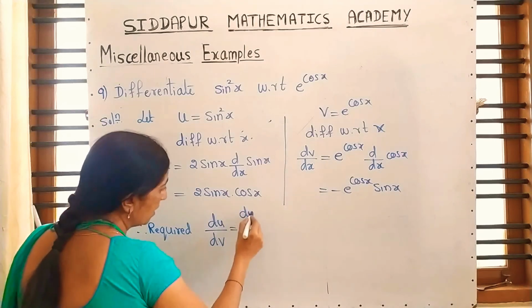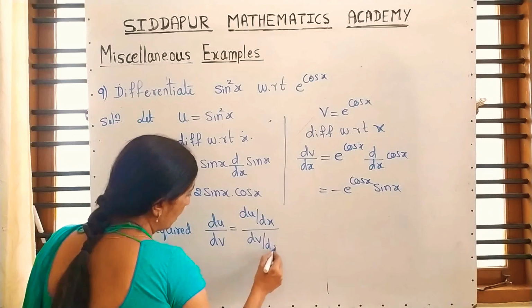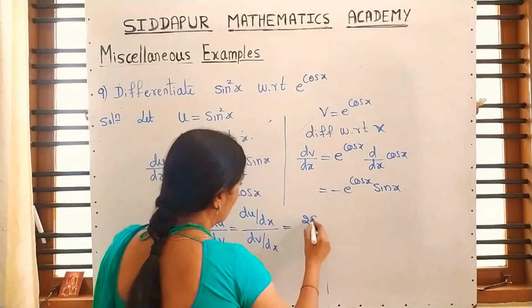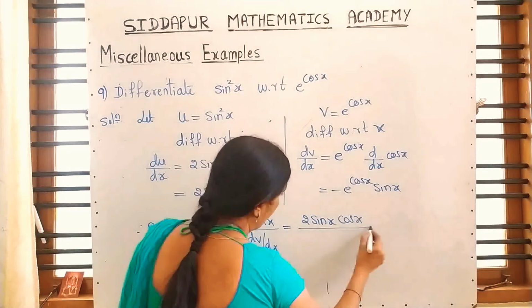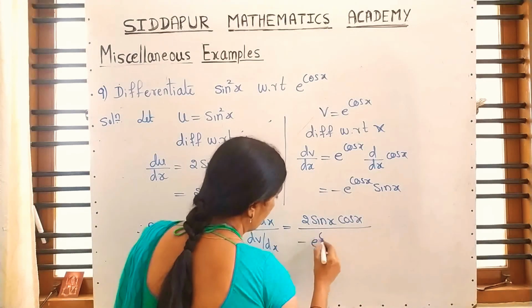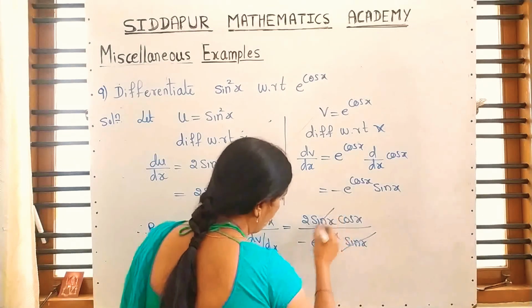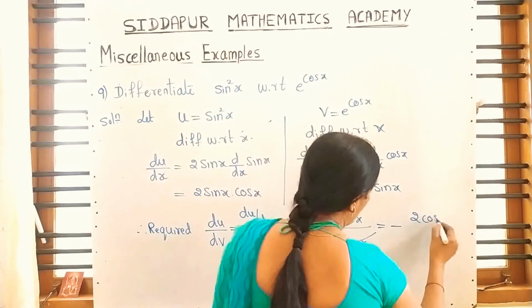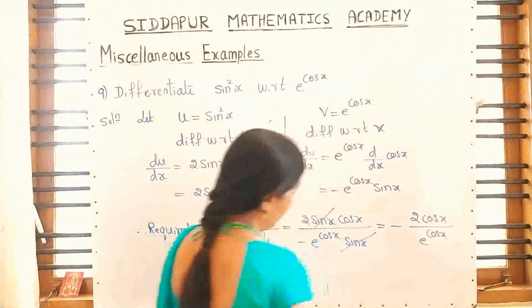It is du upon dx divided by dv upon dx. With respect to that comes in the denominator. It is 2 sin x into cos x divided by minus e raised to cos x into sin x. sin x and sin x get cancelled. Minus I wrote common. 2 cos x upon e raised to cos x.